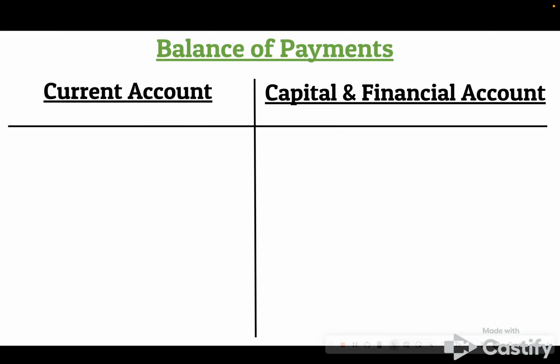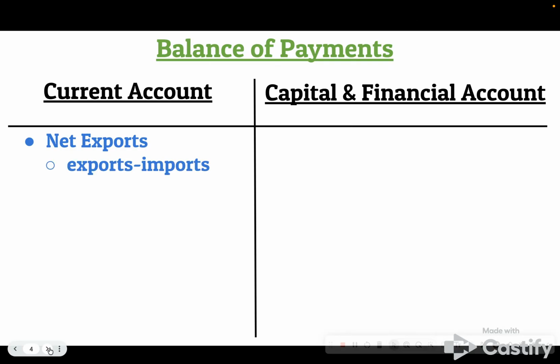So if we start with the current account, I like to think of the current account as the trade account. This is where our balance of trade is going to come in, all of the things that we import and export from other parts of the world. So when we studied Unit 2, we learned about net exports for the first time. And net exports is when we take our exports and we subtract the imports. So that would be the dollar amount.